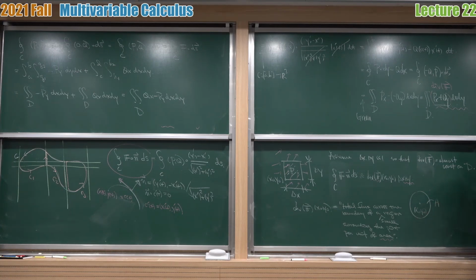But divergence is actually measuring that flux per unit of area or unit of volume. I use area because my vector field is two-dimensional. If you use a three-dimensional vector field, it's going to be replaced by volume.